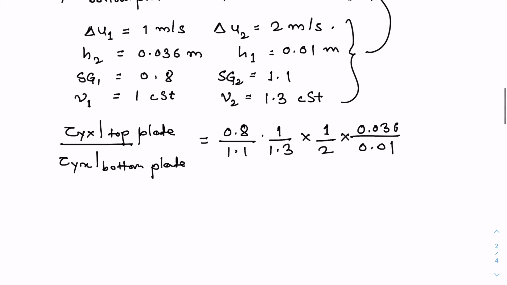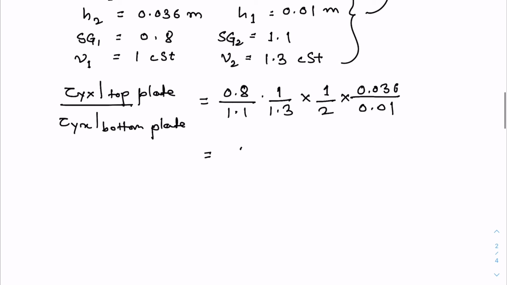And now finally, when we solve this, it is exactly equal to 1. So what that means is the shear stress acting on the top and the bottom plate are exactly the same.